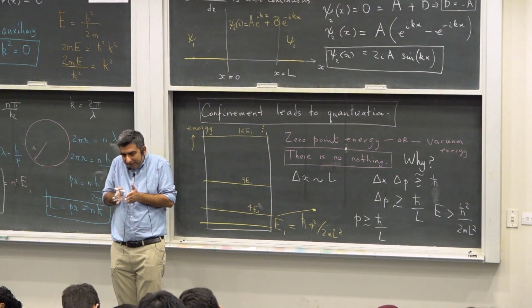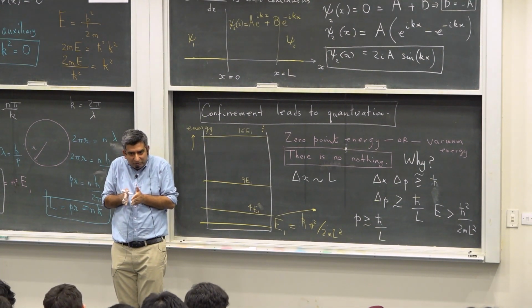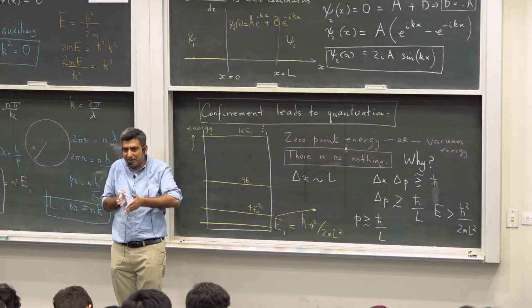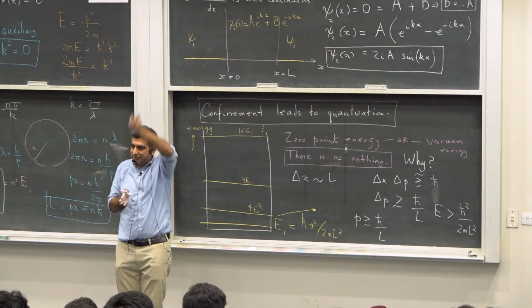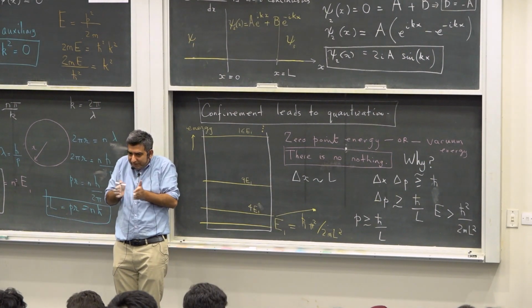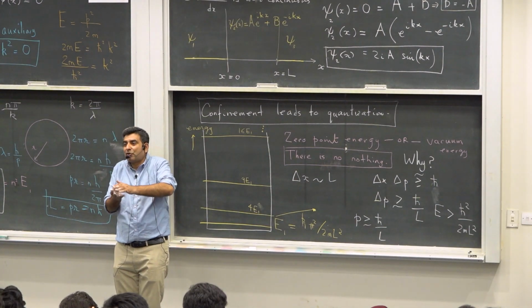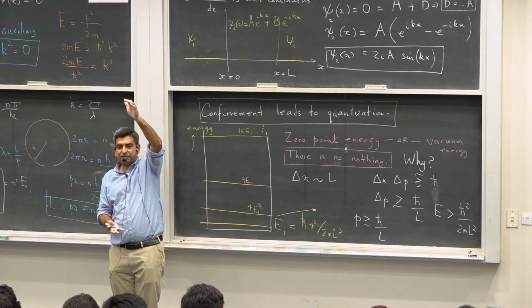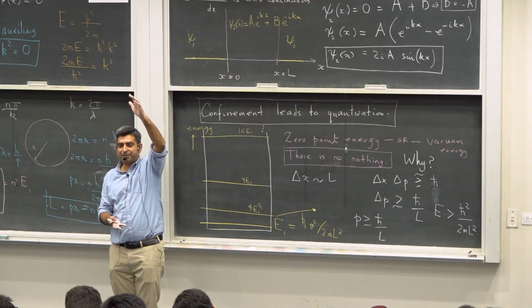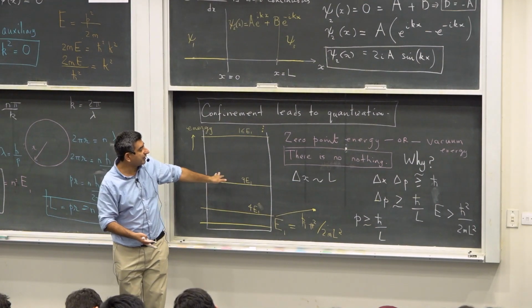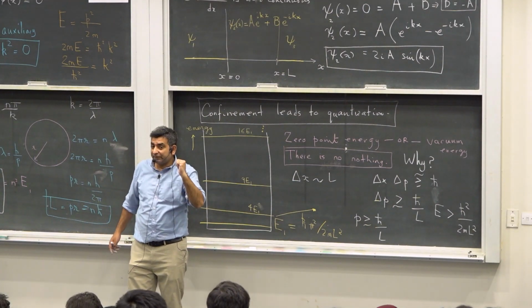So squeeze the particle to smaller expanses, and the uncertainty in momentum must go up, which means that the energy must go up. So squeezing to nanometer scale or angstrom scale or atomic scale causes large changes in the energy, large energies. All right, so this is zero point energy. Any question about this?